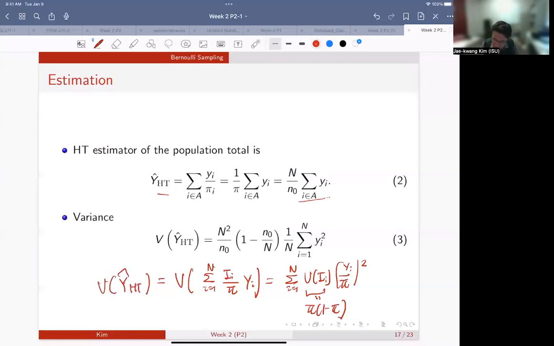And by the way, pi is n0 divided by N, and so that will give you this kind of formula.